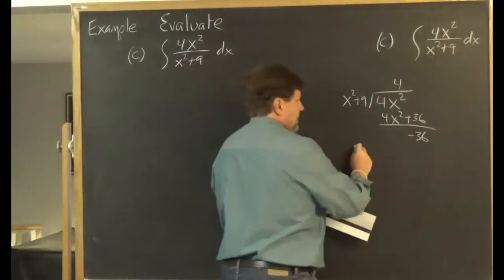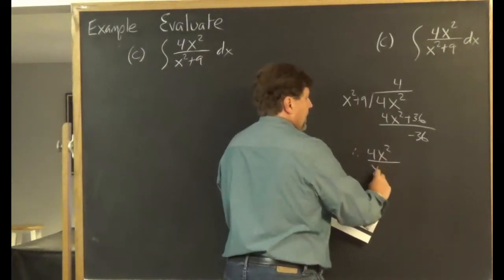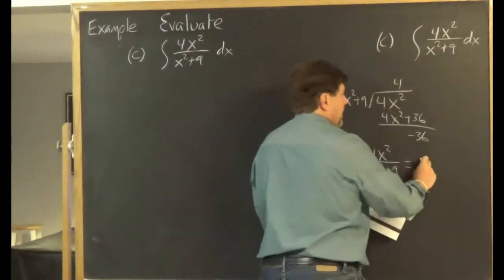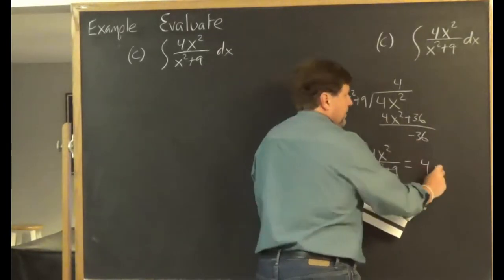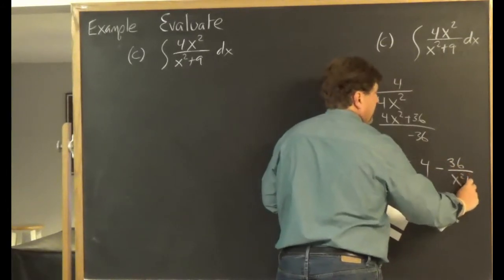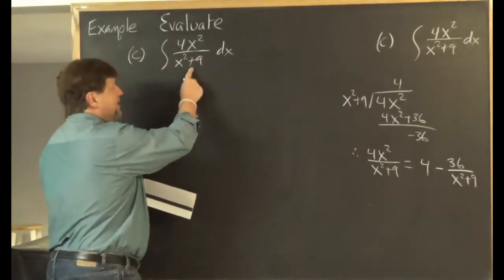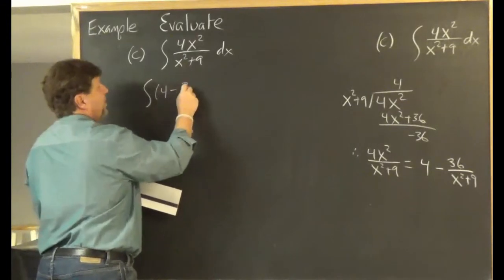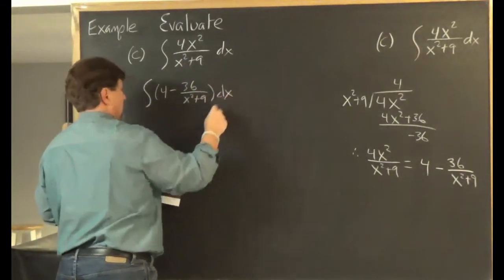Well, this means that 4x squared over x squared plus 9 is equal to the quotient of 4 plus the remainder over the divisor, which I'll write as minus 36 over x squared plus 9. So I'm going to rewrite the integrand as 4 minus 36 over x squared plus 9 dx.